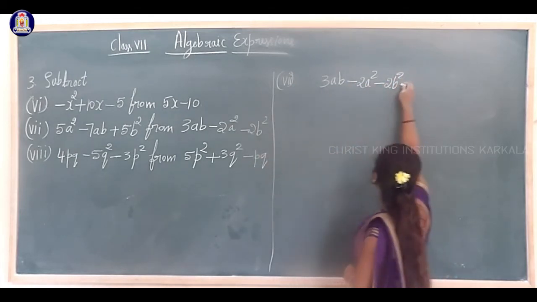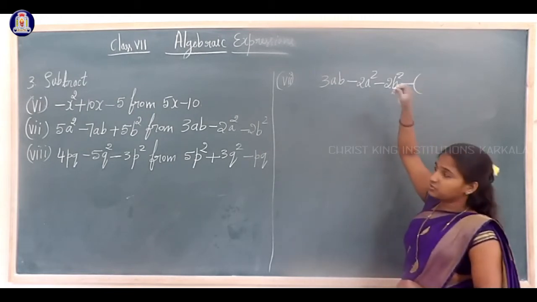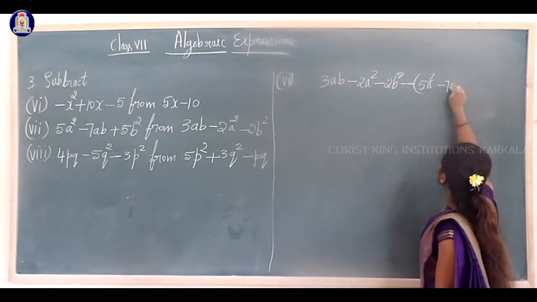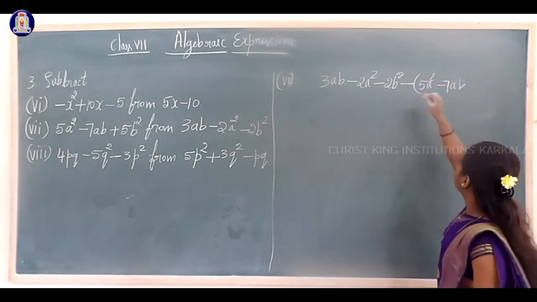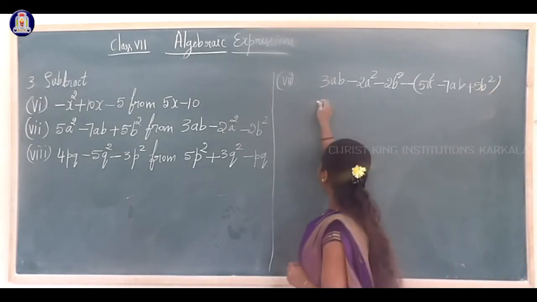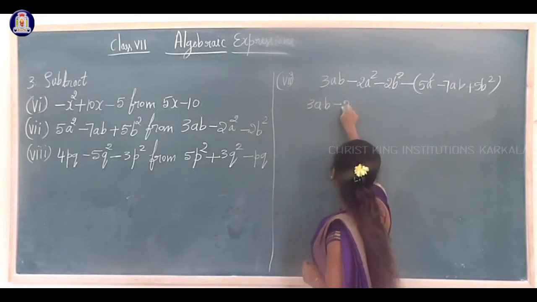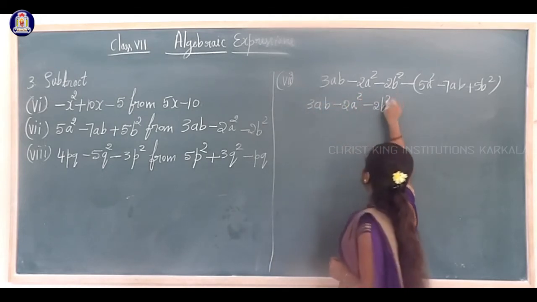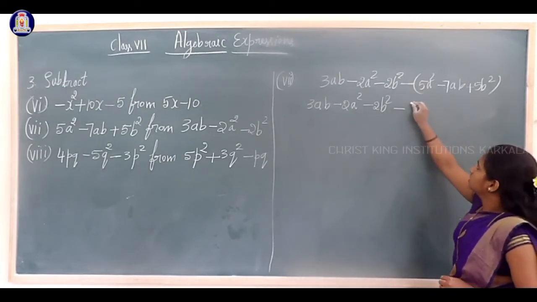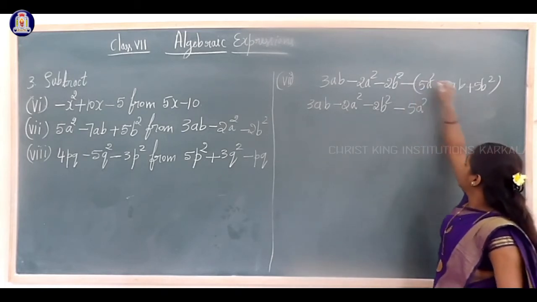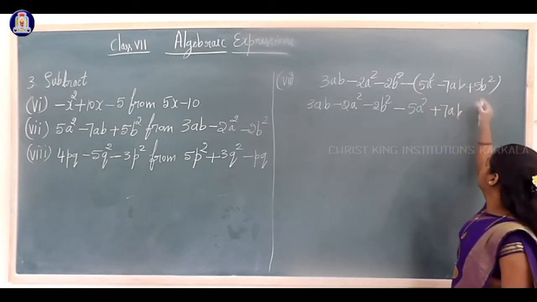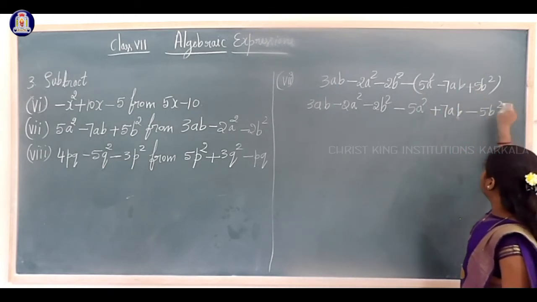From this, subtract: the first expression is 5a square minus 7ab plus 5b square. Now here the first expression is 3ab minus 2a square minus 2b square. Now again minus into plus is minus 5a square, minus into minus is plus 7ab, minus into plus is minus 5b square.